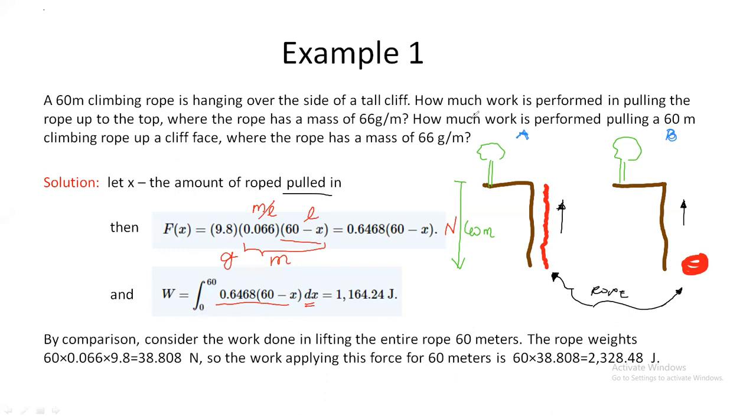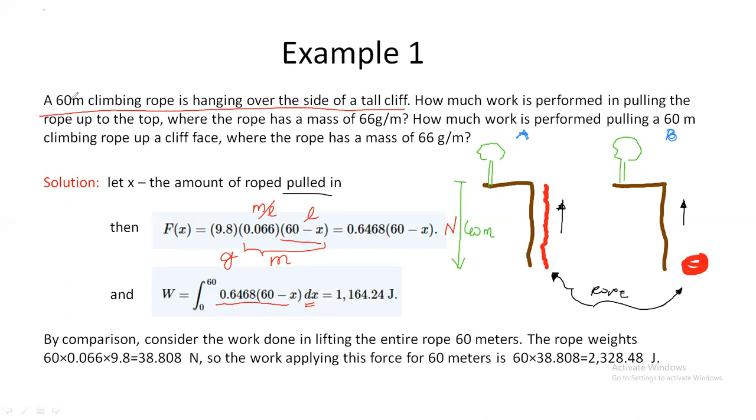Because the cliff, it says here, is, did the problem say how tall your cliff is? A 60-meter climbing rope is hanging over the side of a tall cliff. The displacement of this rope is not even mentioned here. The height of the cliff is not even mentioned here.